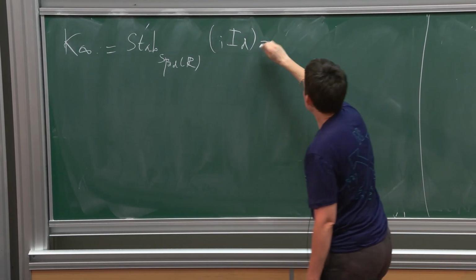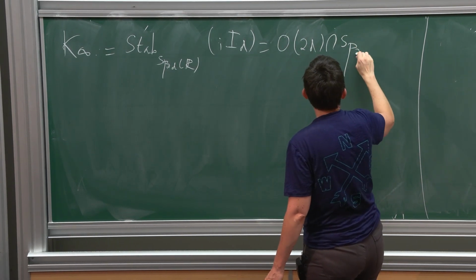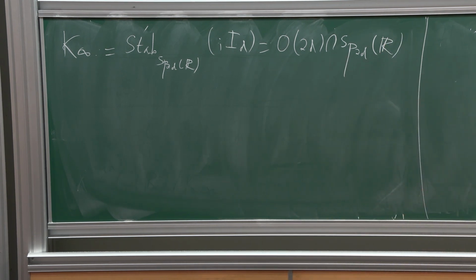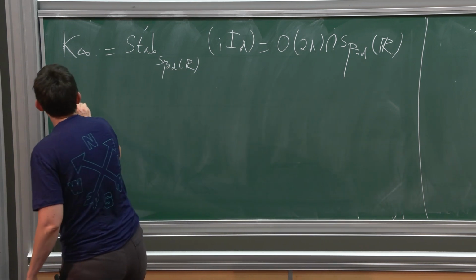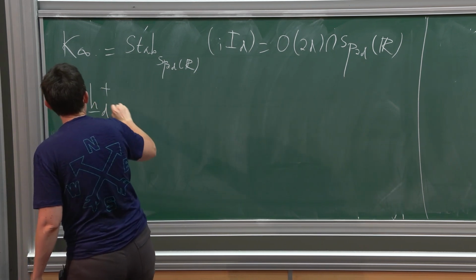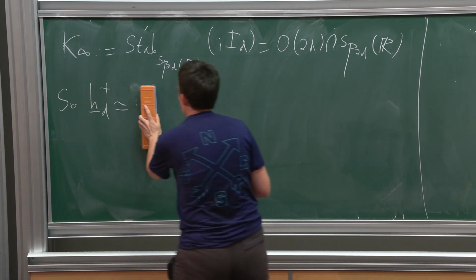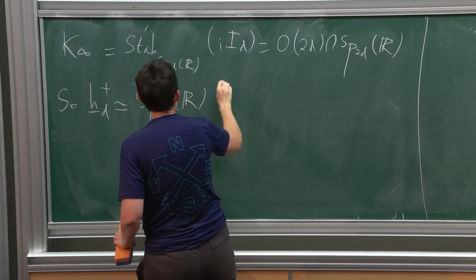And this you can check quite easily is just the intersection of Sp2d of R with the orthogonal group, so it is a maximal compact subgroup in Sp2d of R. It's also isomorphic to the unitary group by some formula in the notes. And so this H_d plus, as a real manifold, is just Sp2d of R divided by K infinity.